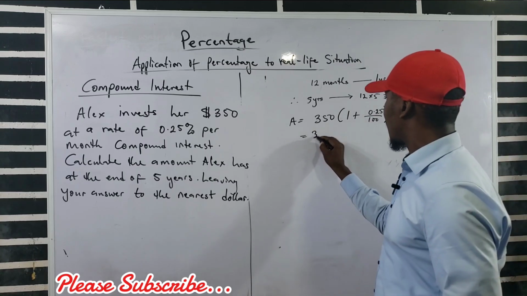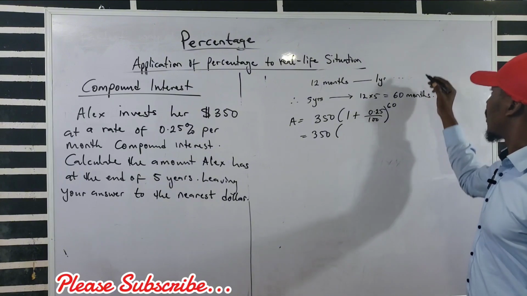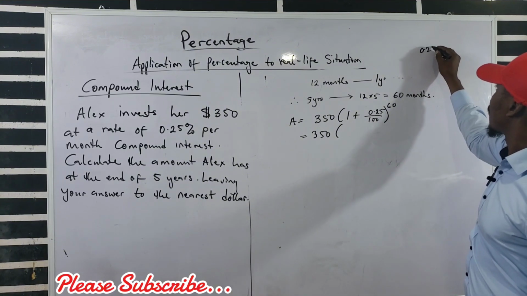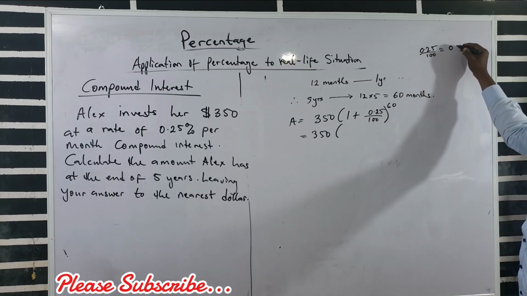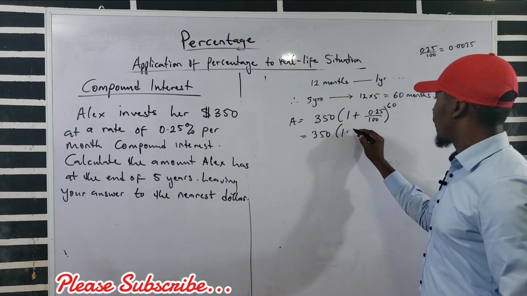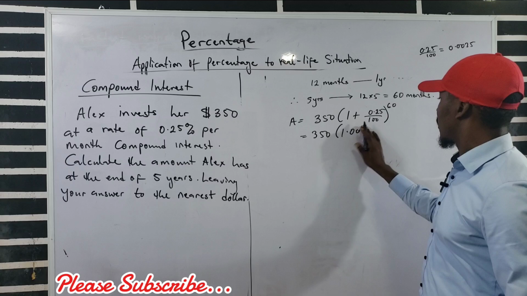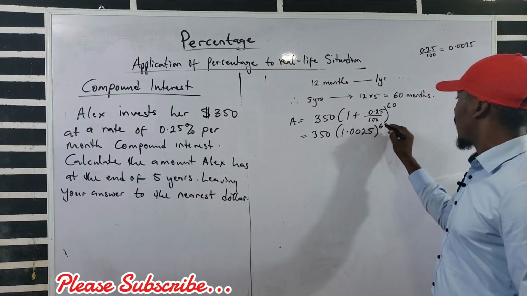So that will give us 350 into, 0.25 over 100 gives us 0.0025. Plus 1, that will give us 1.0025 raised to power 60.